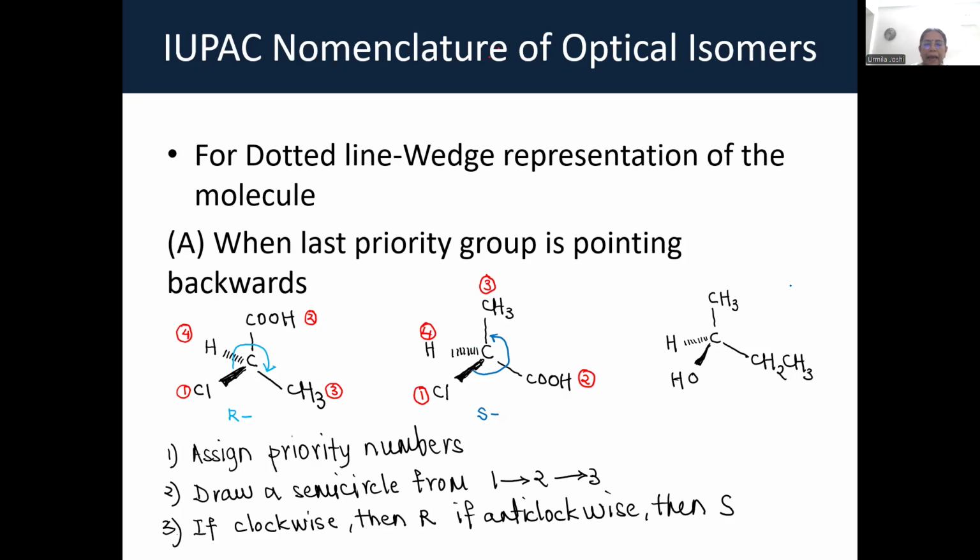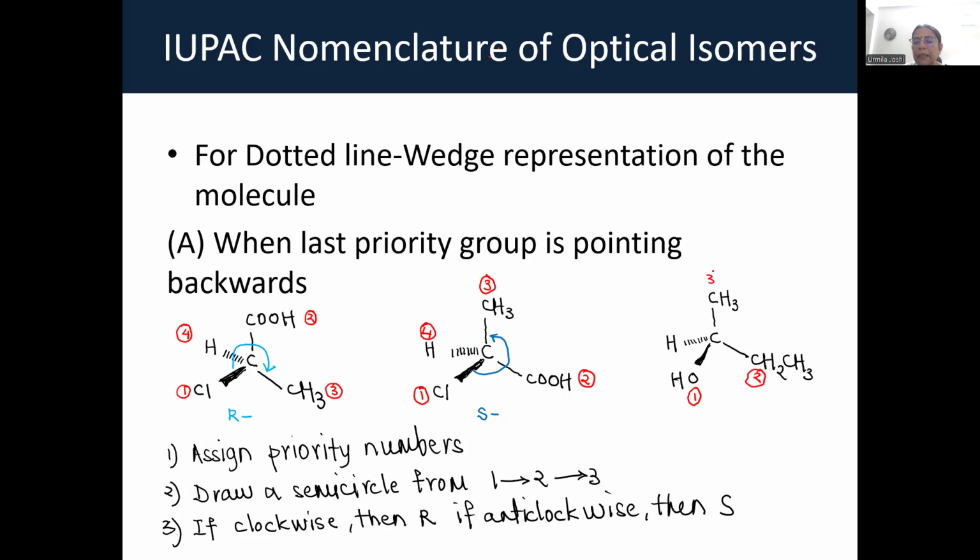Okay. Have a look at this once again. You know that the fourth priority is pointing backwards. Okay. So first assign priority numbers. Now oxygen gets number 1 because oxygen is attached. Among these two, carbons are attached. So look at the second atom. There is one more carbon. Here there are only hydrogens. So this gets priority number 2.